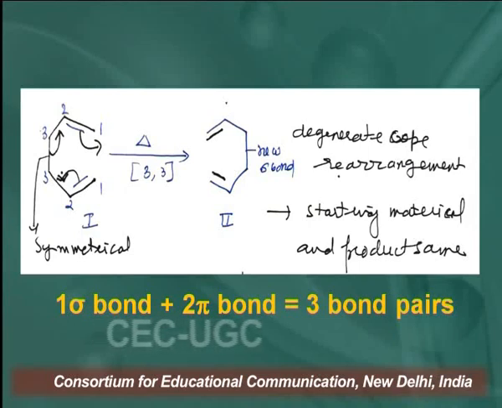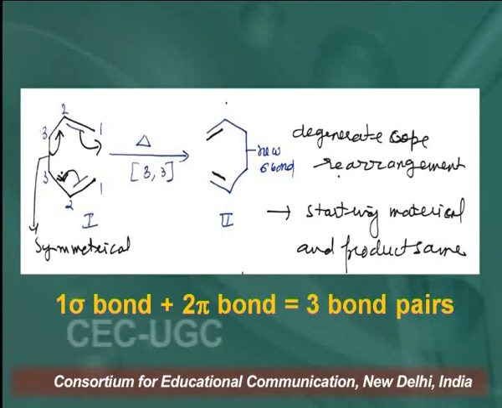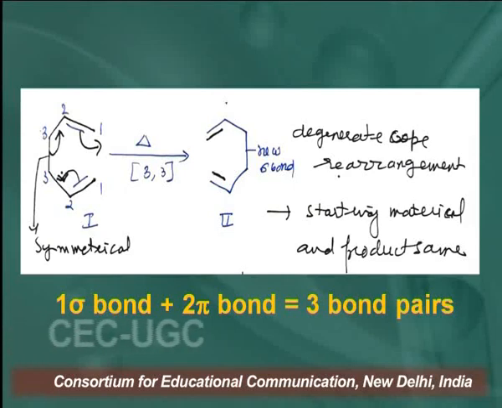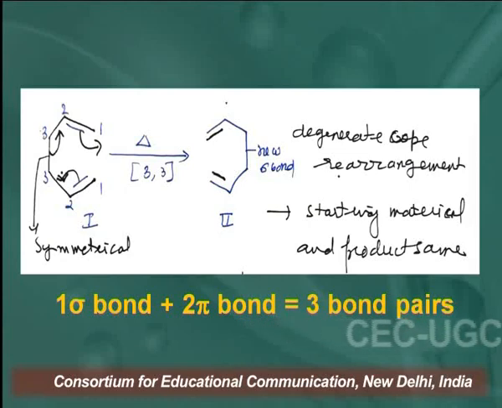That's why this is an isomeric form of its reactant. So always remember, learners, we get an isomeric form of the reactant, and this type of reaction is called a degenerate Cope rearrangement, because this is a symmetrical 1,5-diene.